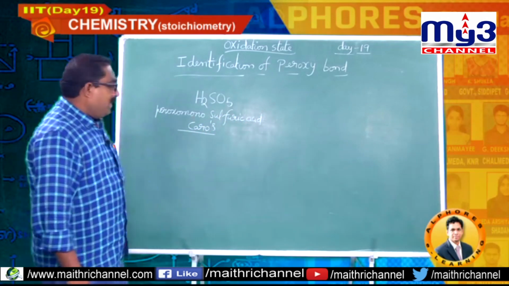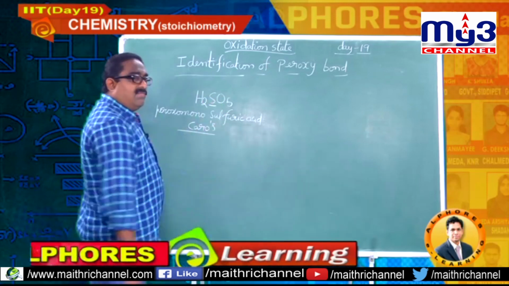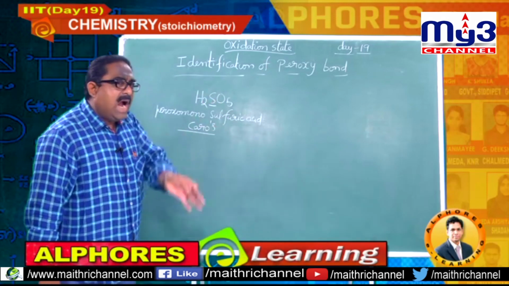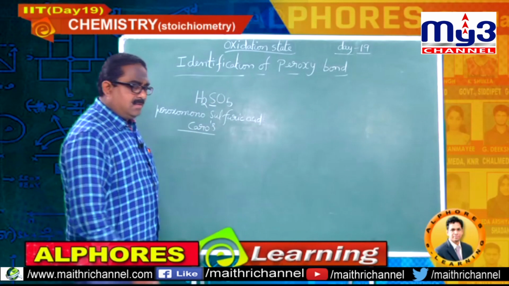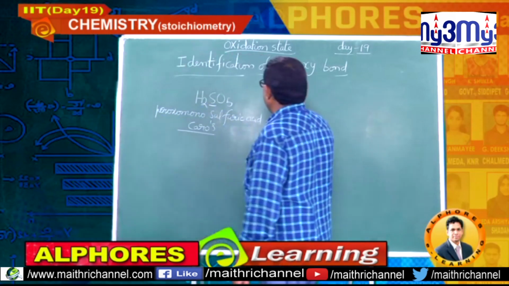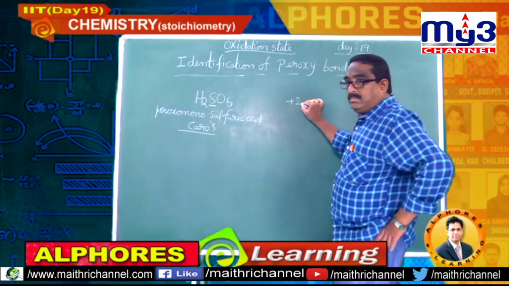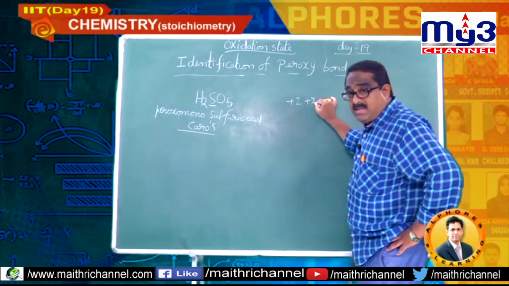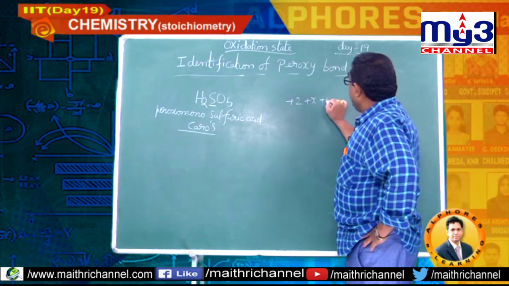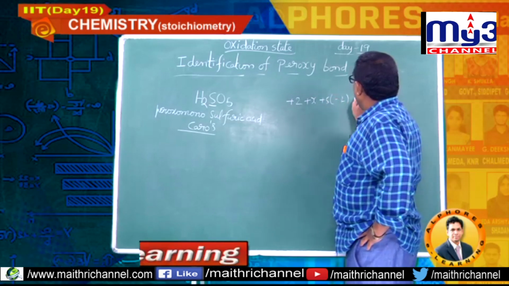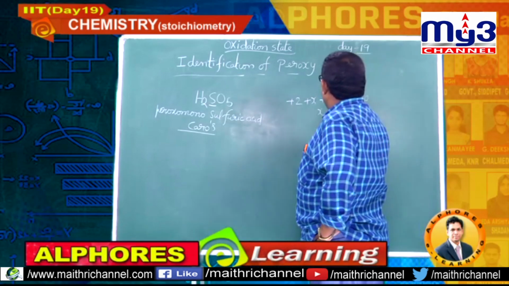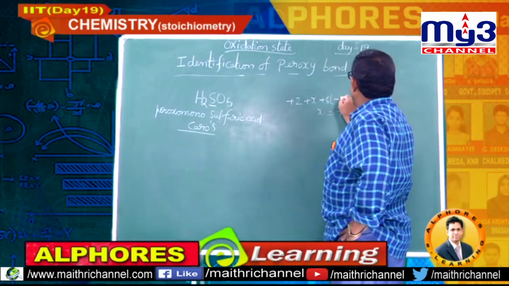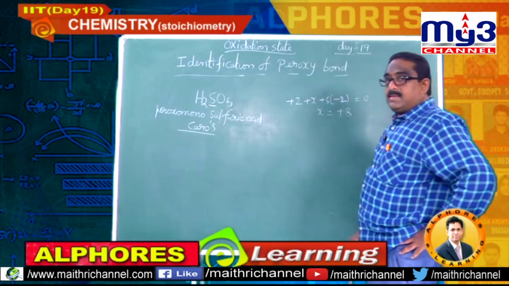Now let me calculate the oxidation state of sulfur blindly according to our rules. 2 hydrogens are there, +2. Sulfur +X, and 5 oxygens are there, 5 into -2, equals 0. X you will get as +8.